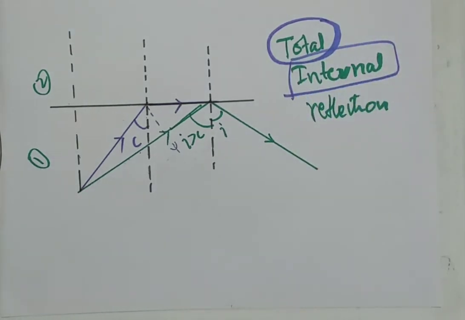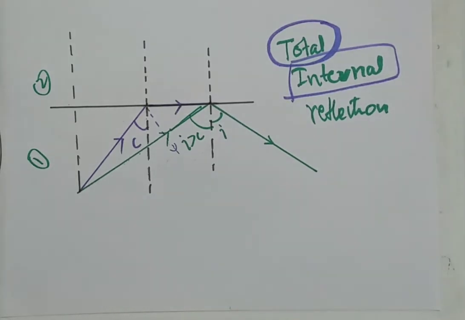Now, we try to define total internal reflection. It is the phenomenon in which a ray of light gets reflected back instead of being refracted when angle of incidence is more than critical angle and light moves from denser to rarer.